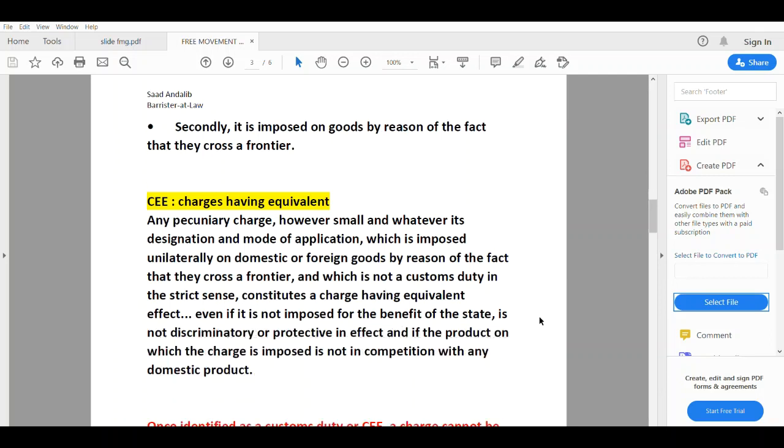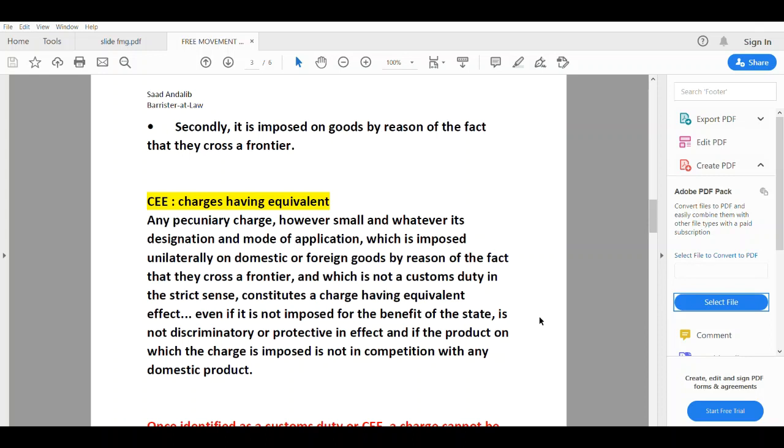For considering the definition of a charge having equivalent effect, we should look at the case of Commission versus Italy, commonly referred to as the statistical levy case. This case involved an Italian levy on imports and exports across its border. The levy was a very small sum, and it was used to pay for the gathering and publication of statistics on trade patterns.